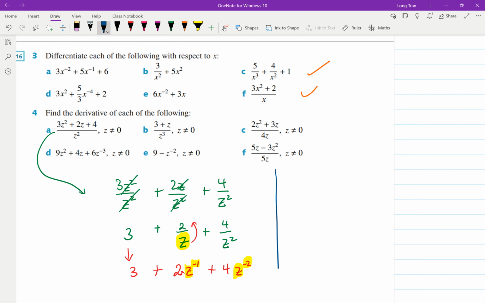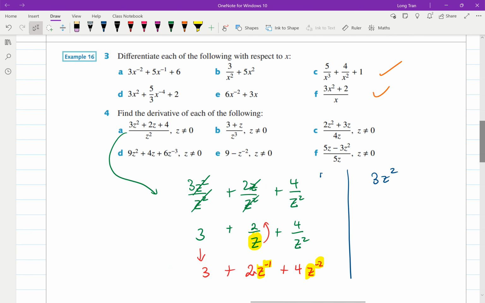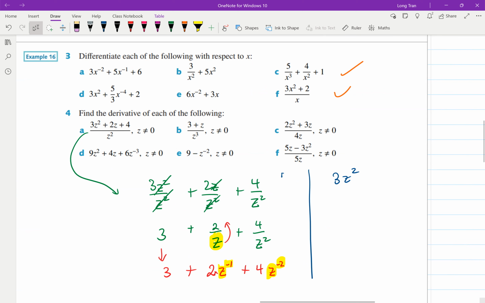So for those who are trying to picture what Andre's saying, you've got 3z squared plus 2z plus 4. What he's saying is, if you bring the denominator up straight away, then that now becomes z to the power of negative 2, and it's being multiplied. So you can expand it by multiplying these.